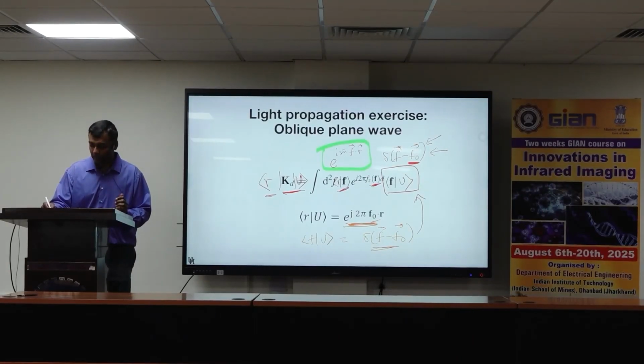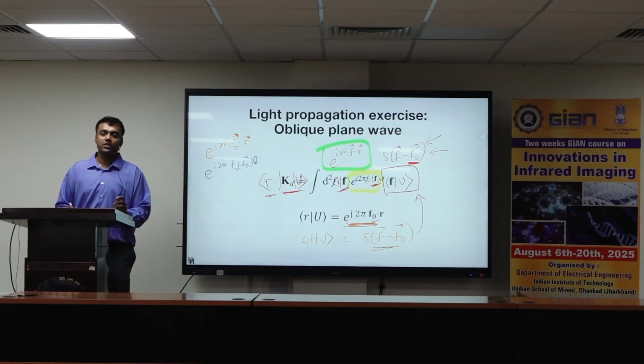Substitute f equal to f0, you get e to the I 2 pi f0 dot r, okay? And take this one and substitute f equal to f0, you get e to the I 2 pi fv of f0 d, and that's your final answer, okay?